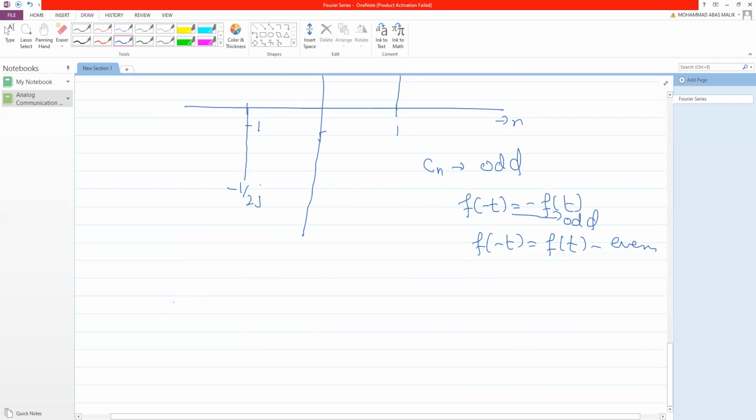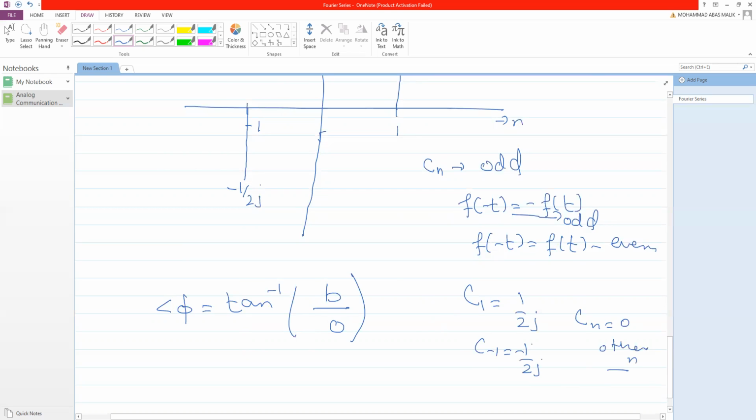Can you write its phase angle now? Phase will be tan inverse of b divided by a. Here b is the complex term and a is 0 because there is no real part. It's purely imaginary because Cn is purely imaginary: C of 1 is equal to 1 by 2j, C of minus 1 is equal to minus 1 by 2j, and all others are 0 for other n values.